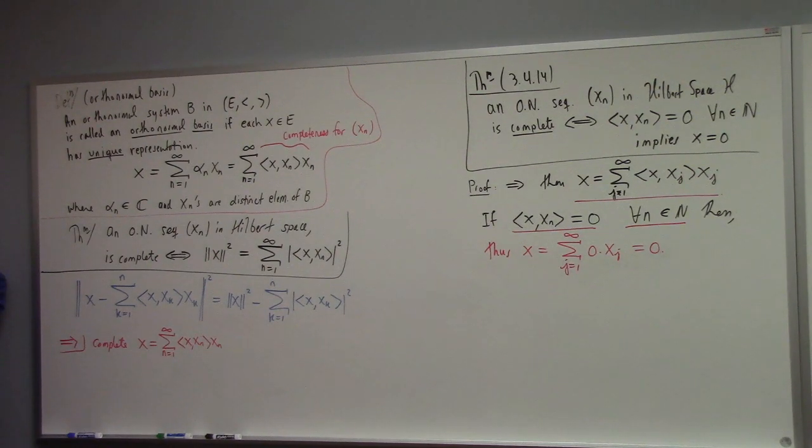What happens when I take the limit as n goes to infinity of this formula? It becomes 0.